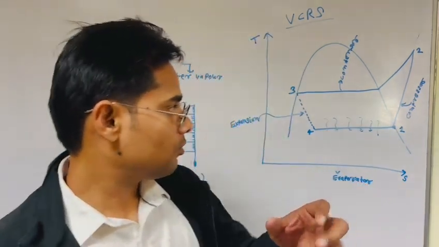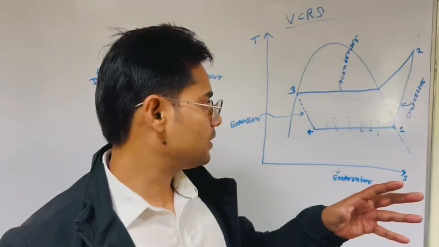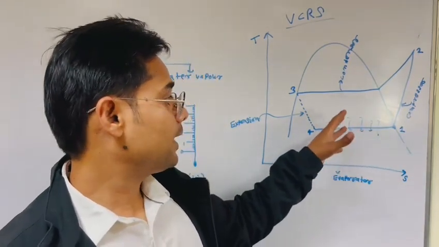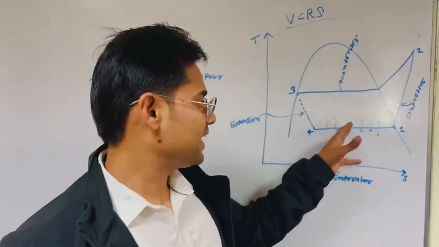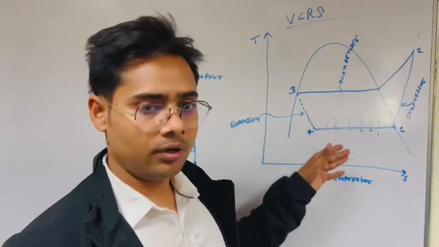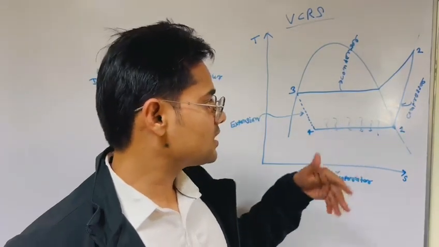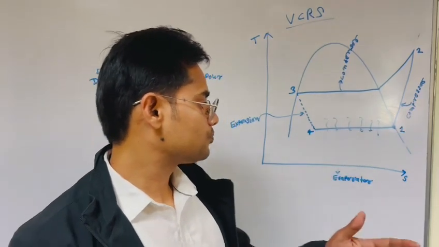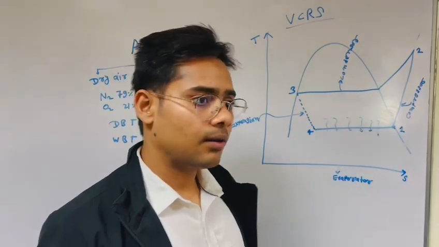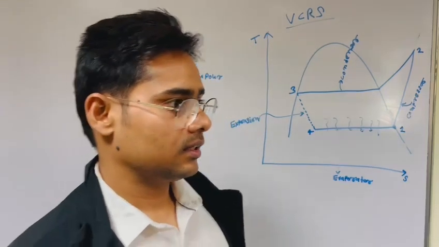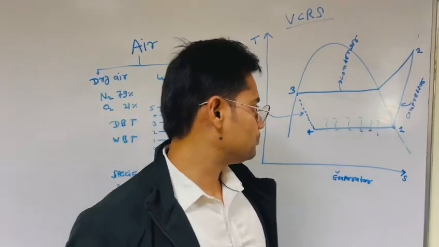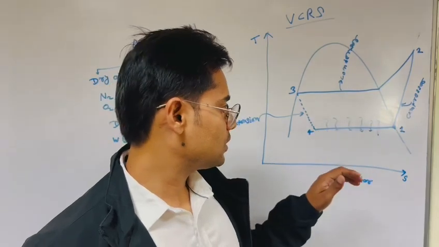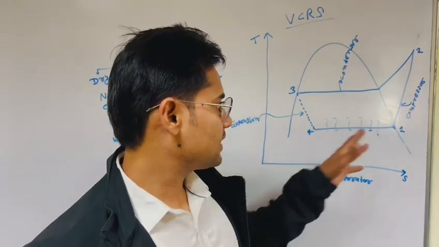The air from the environment is bombarded onto the evaporator, so the air loses its latent heat and gets colder. This cold air is exhausted into our air conditioned environment. So this is the overall process of what happens in the VCRS cycle.